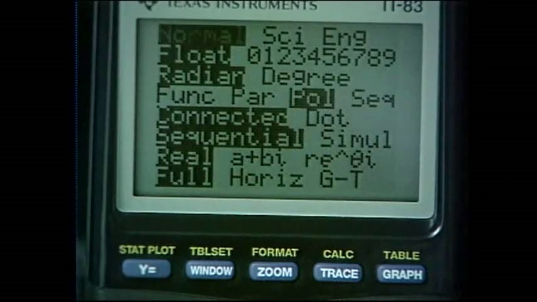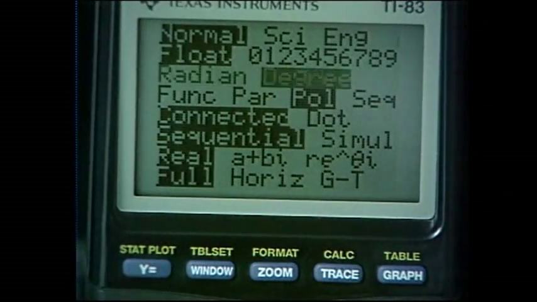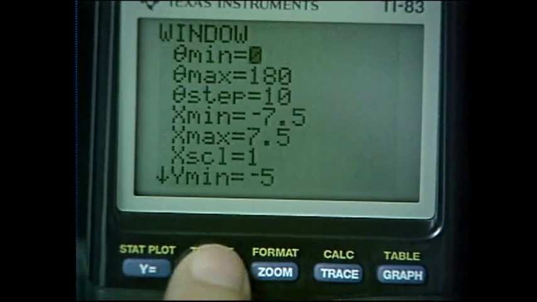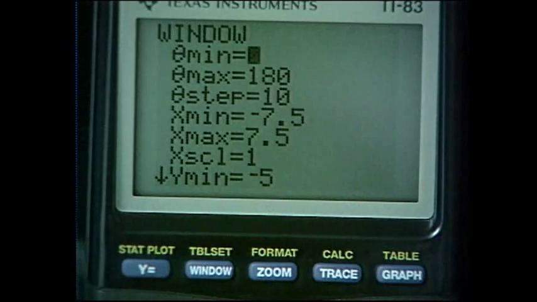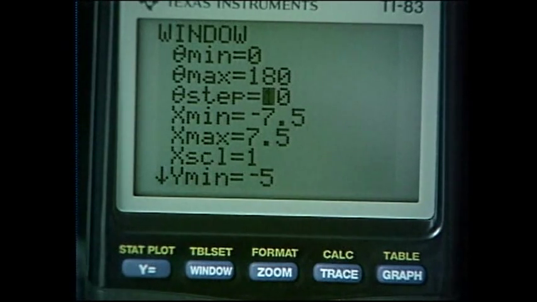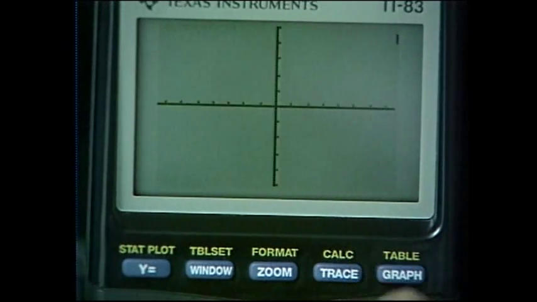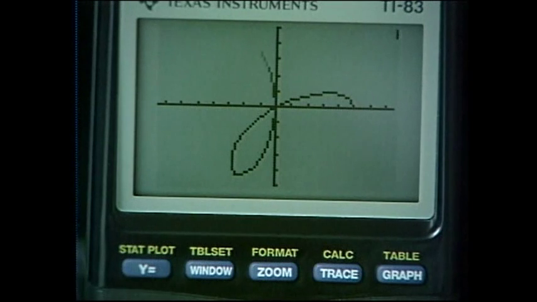Let's go back to mode and reset to degrees. I'll press enter here, and in the window settings we see that we have 180 and our theta step is 10. I'd like to change that step to 5 to have a little more accuracy. And the graph then has the appearance that we expected.